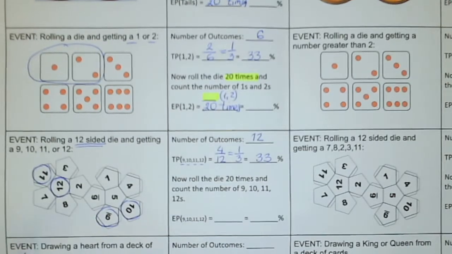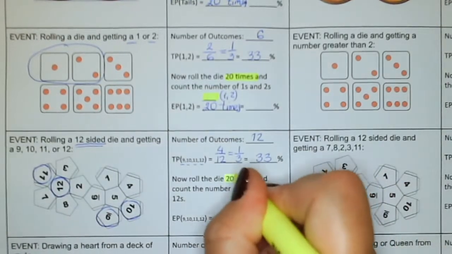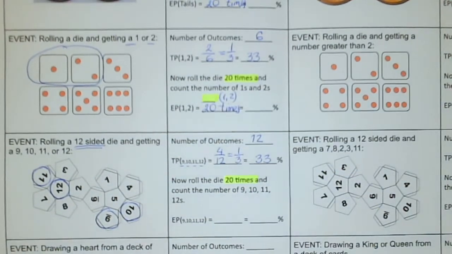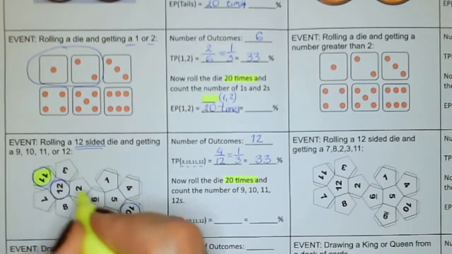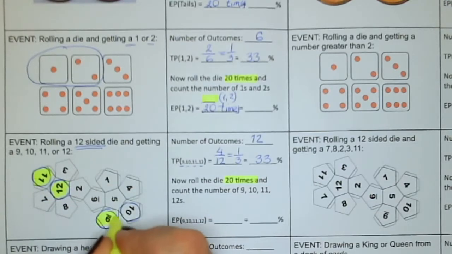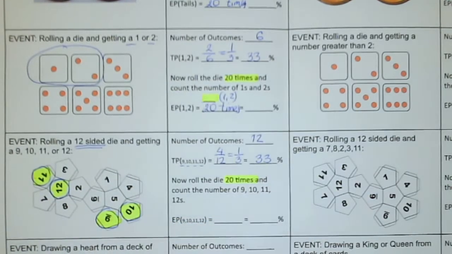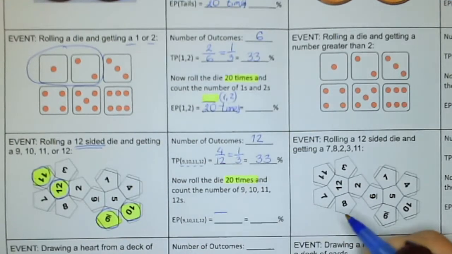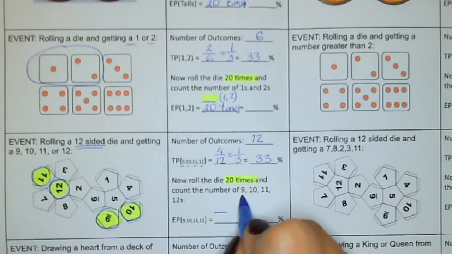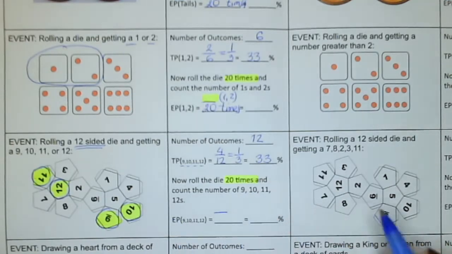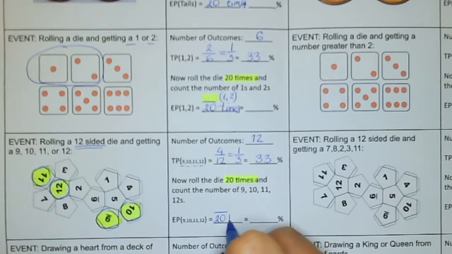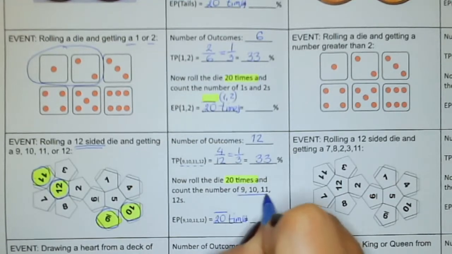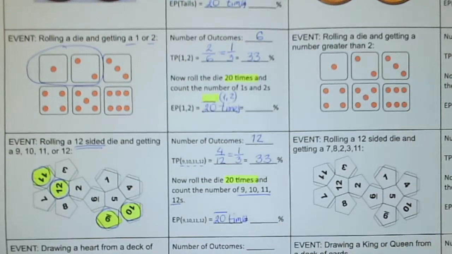Then what you're going to do is roll the die 20 times and make an experiment. And your experiment is called experimental chance or experimental probability, converted to percent, that will consist of 20 times rolling the die and then recording how many times you see a 9, a 10, 11, or a 12 out of 20 times total.